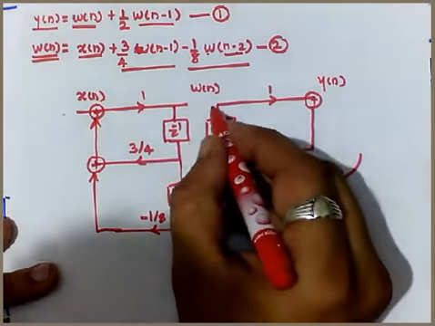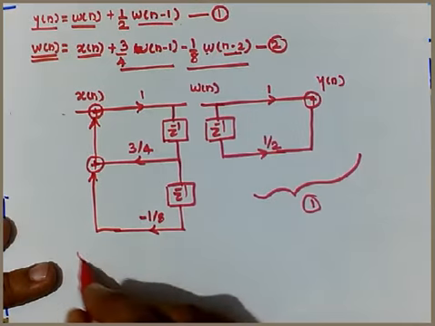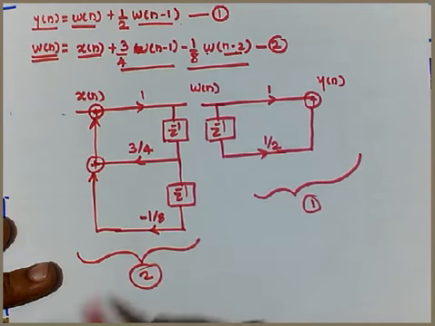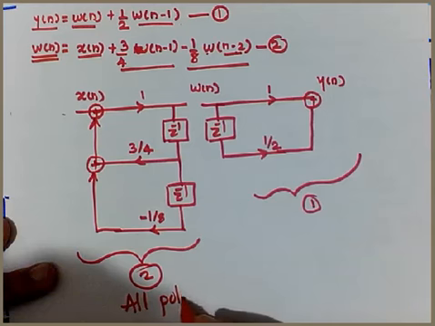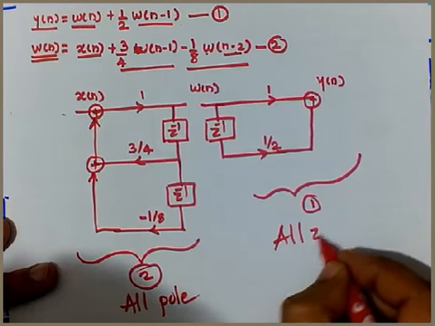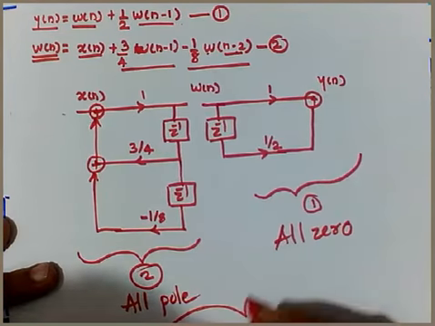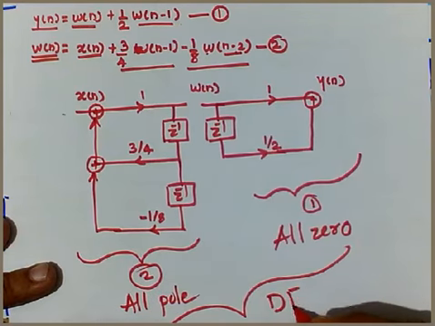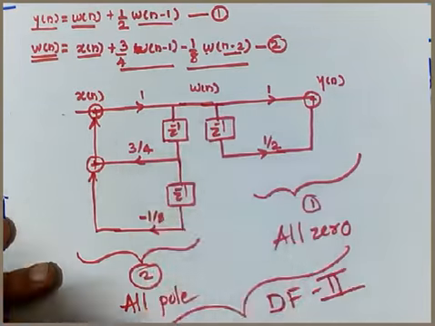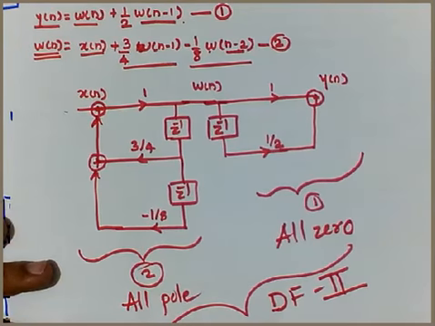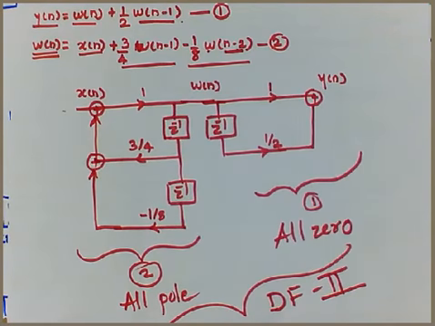Now this is the reflection of the second, that is all pole. So this is all pole, this is all zero, and this combinedly is called a direct form 2. So we just need to add this point over here. So this is how direct form 2 realization will be completed.